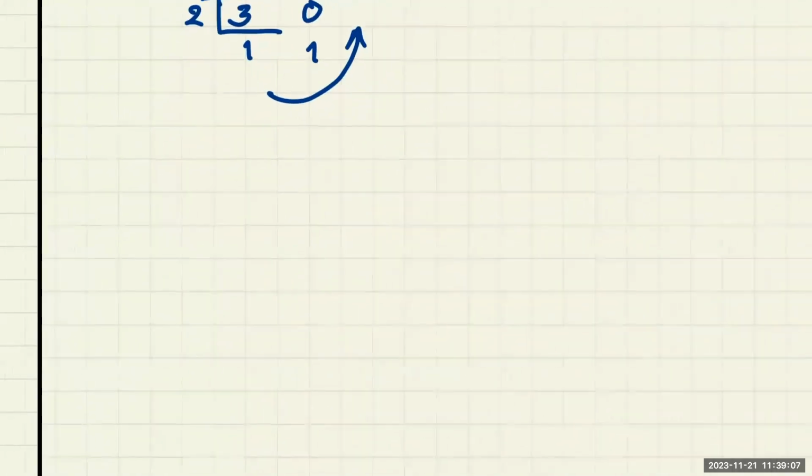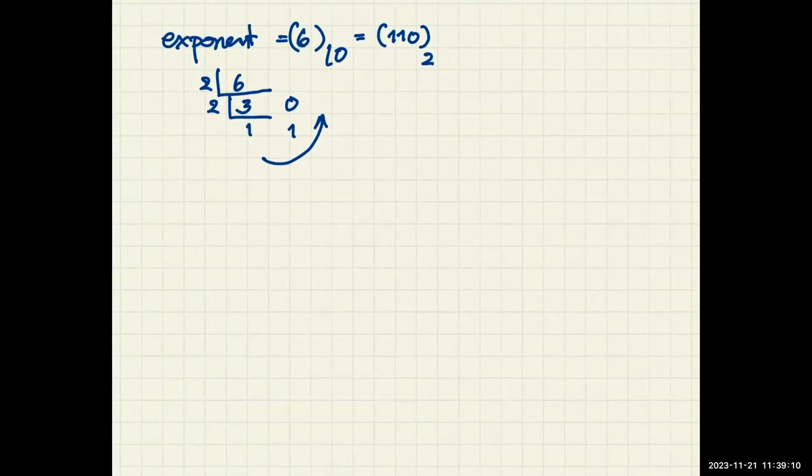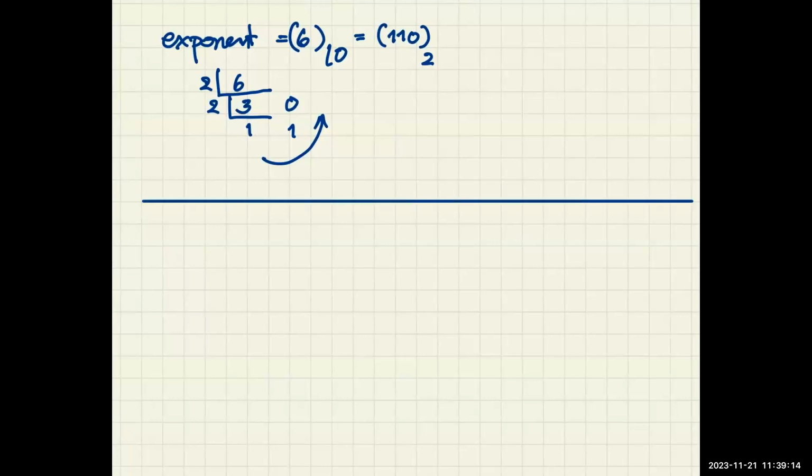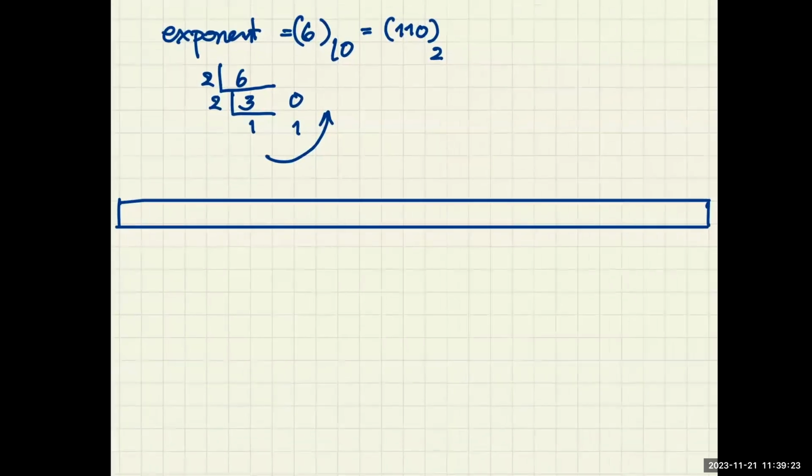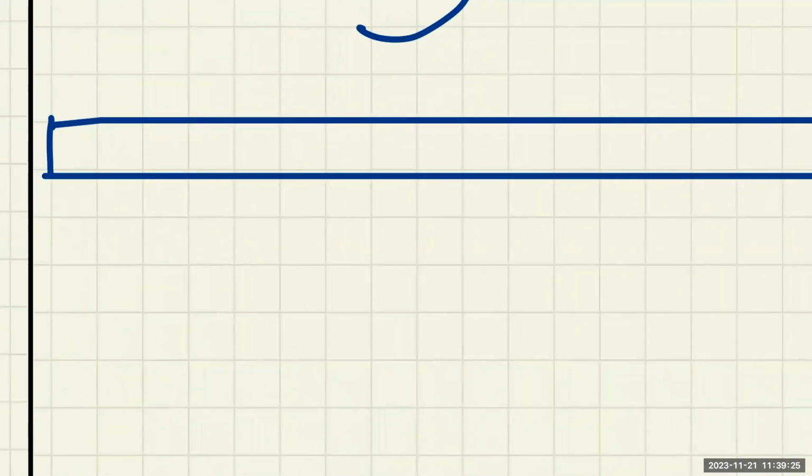Now, when I want to combine into the 32-bit register, the first bit, since this number 33.215 is positive, we store 0.